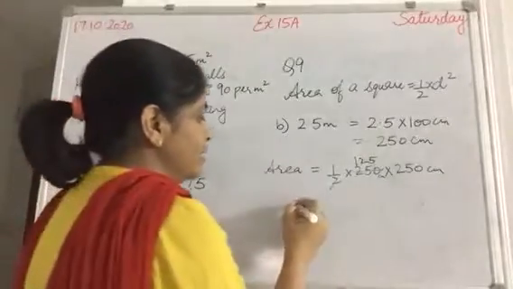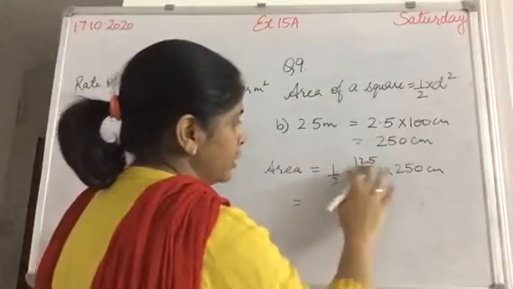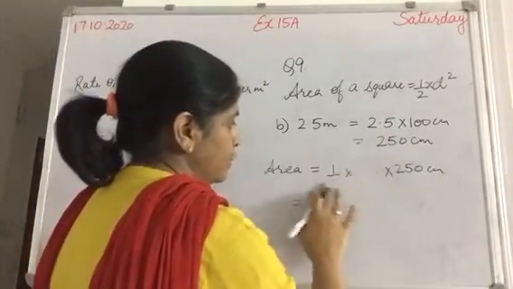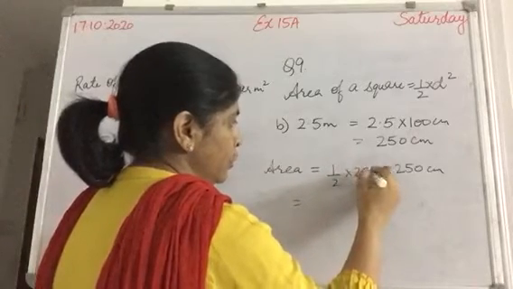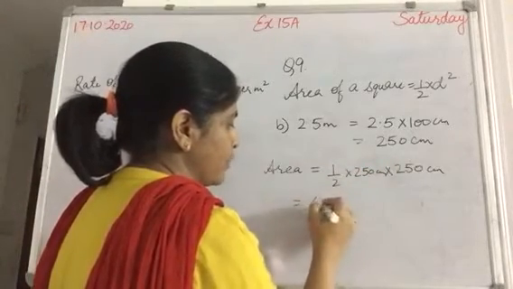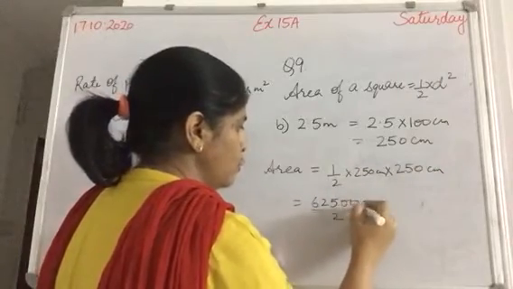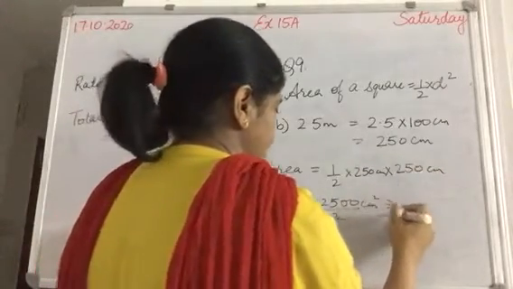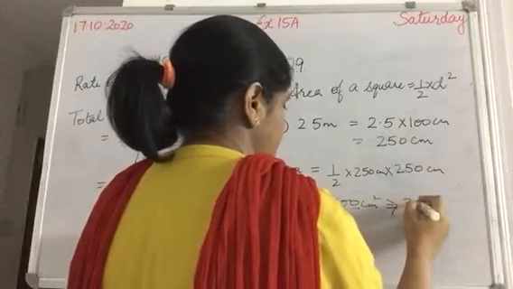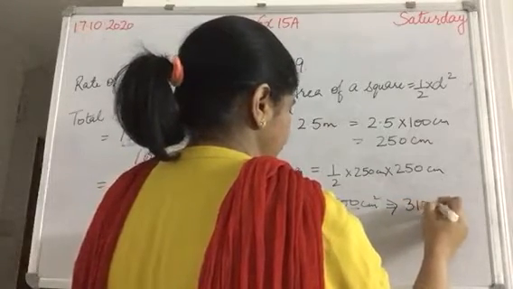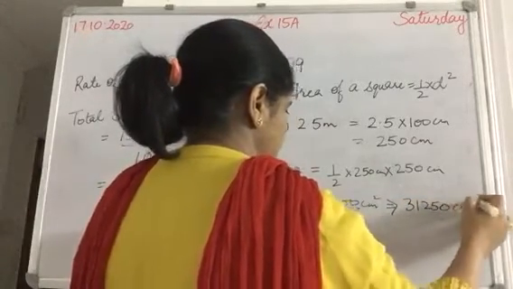Or we can do like this. If we will not cut it, 25 square is 625, and 00 upon 2, and let's divide it. 31250 centimeter square.